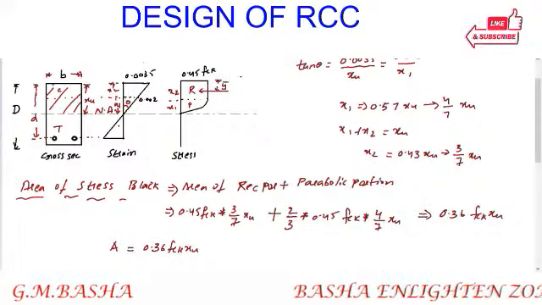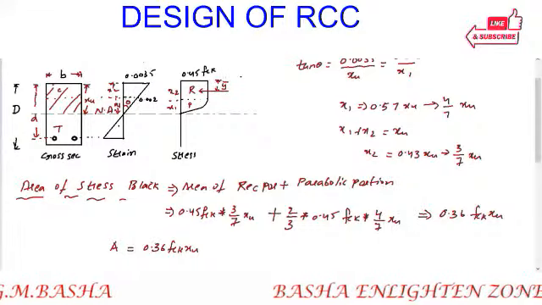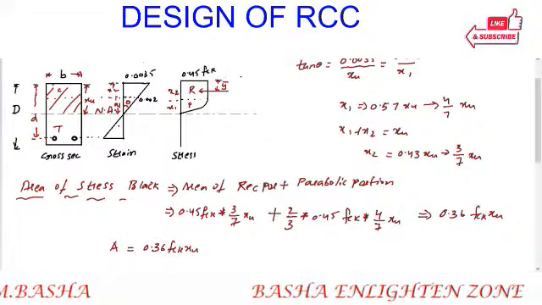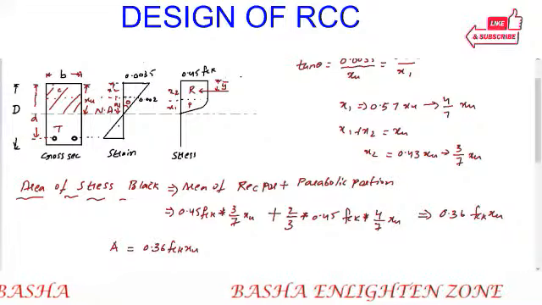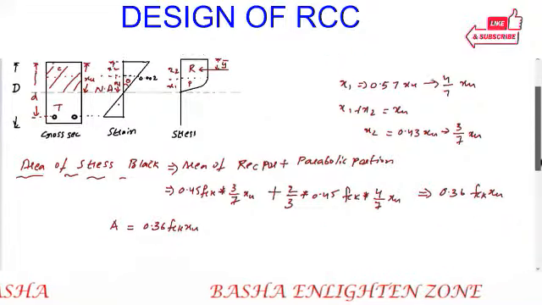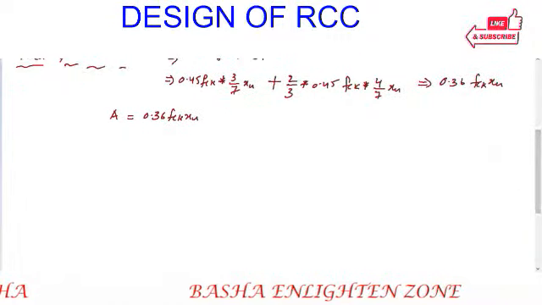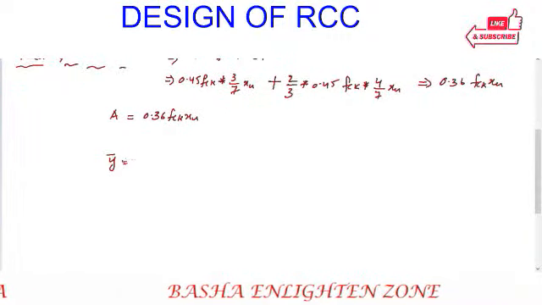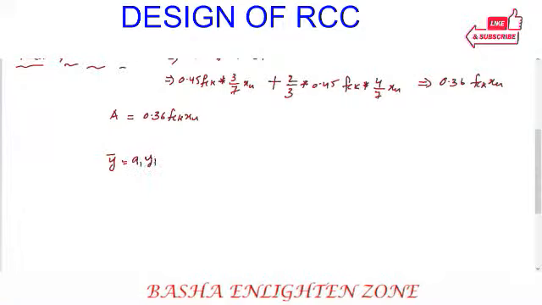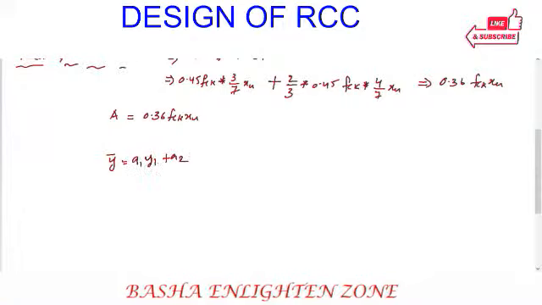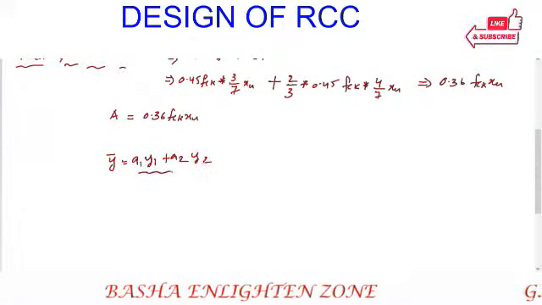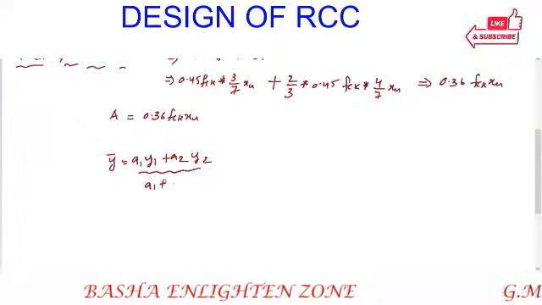Y bar is the distance of the centroid from the top fiber. For finding that we have the formula: y bar equals a1 y1 plus a2 y2 by a1 plus a2.